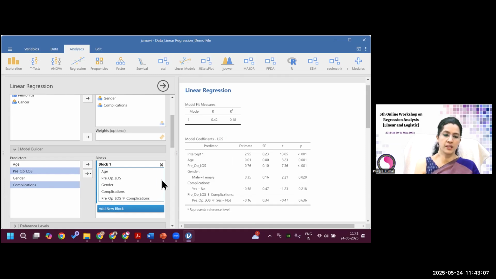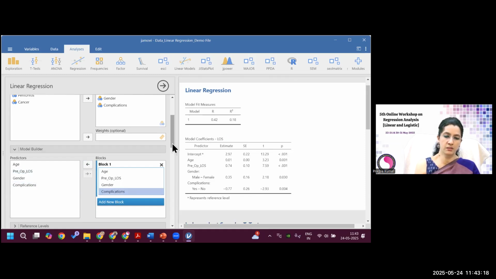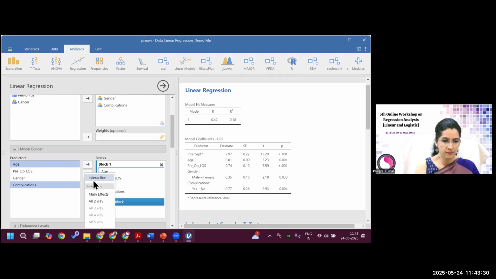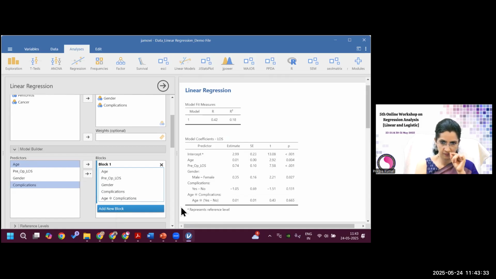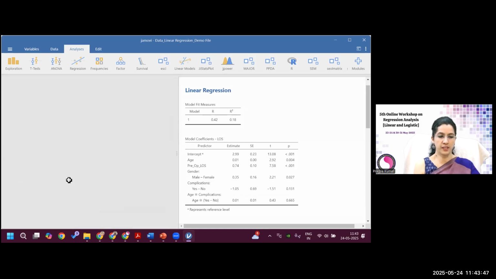significant. So none of the interactions are significant, because I was trying to find out why length of stay is less in complications. That may be because of something hidden inside. If I enter age and complications, again, this is also not significant. So I have tried to study the interaction of complications with all these three, but none of the interactions was significant.